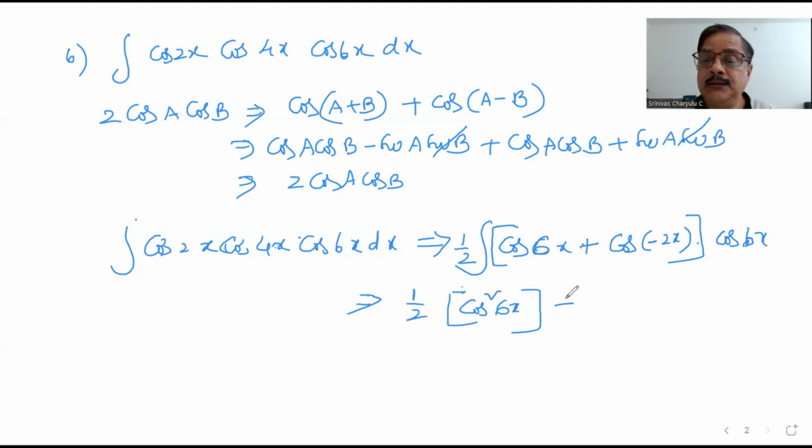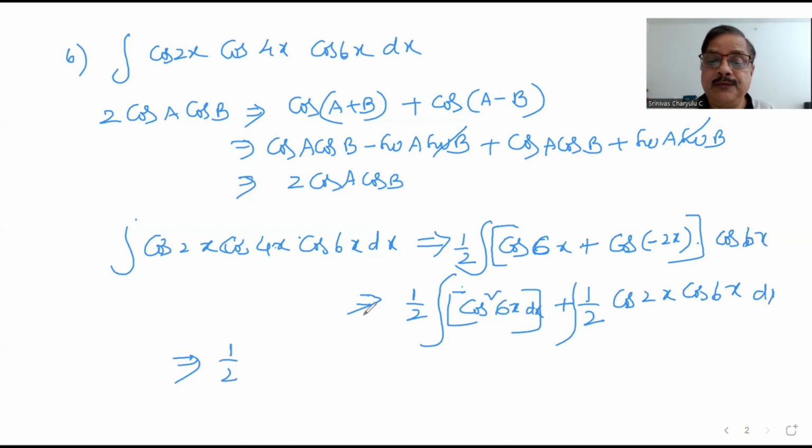So this half cos 2x cos 6x. Now let us come back again. This integration symbol is there. Then first one, half, open the bracket, cos square 6x. Cos square 6x you can write down as 1 plus cos 12x by 2.